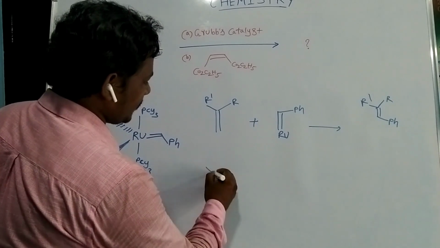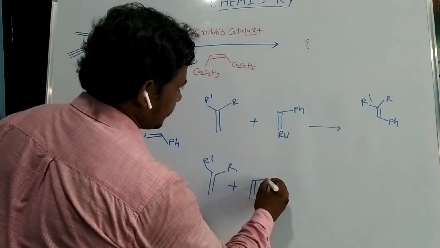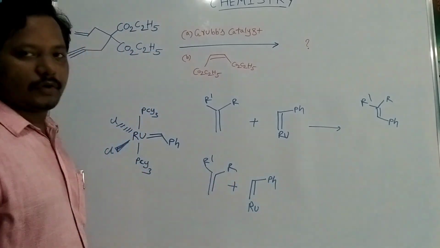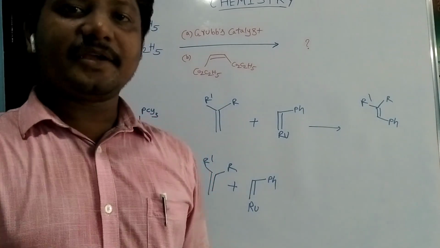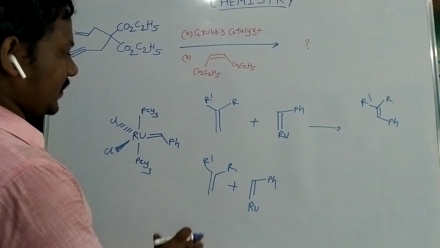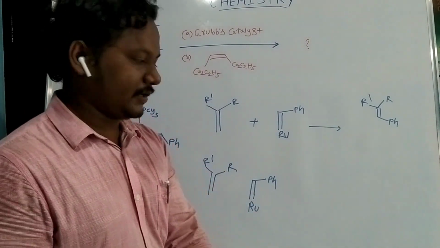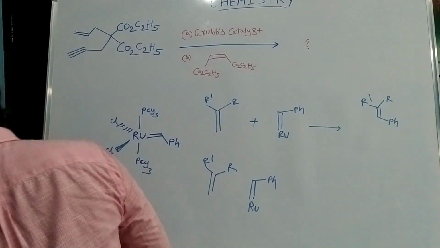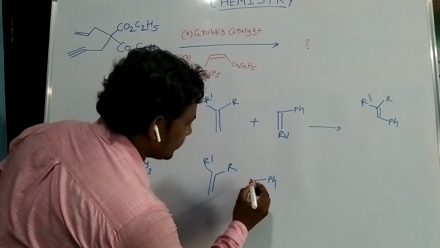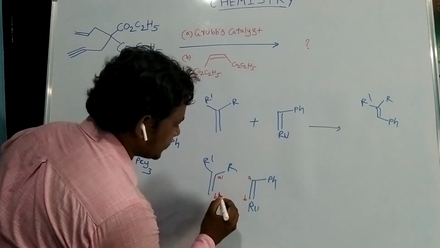Here R dash R plus Ph ruthenium. For example, we know 2 plus 2 cycloaddition, how new two bonds are forming in between. For example, this is A, B, this is A dash, B dash.